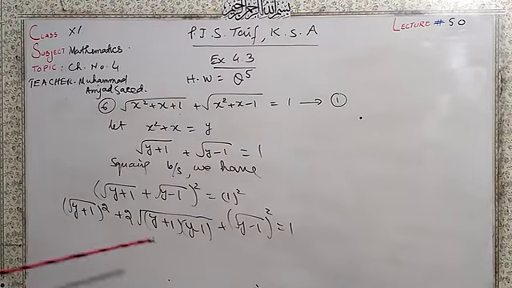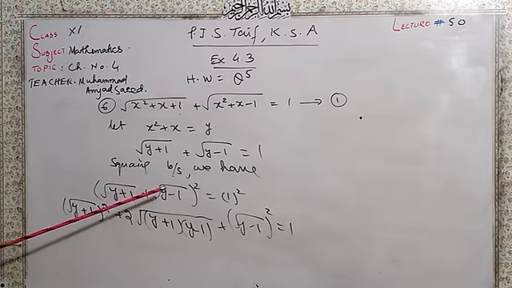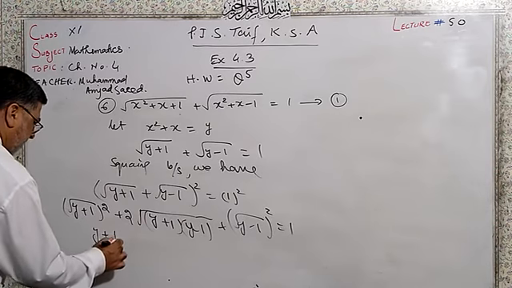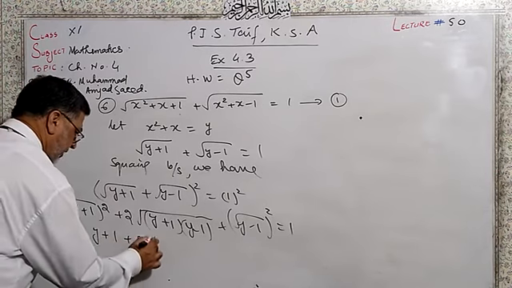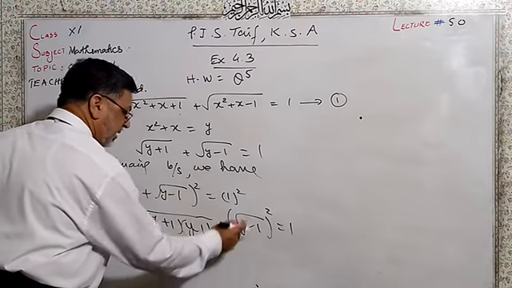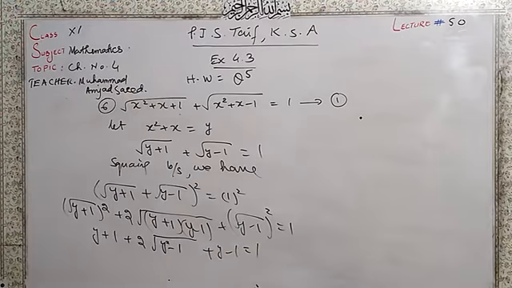Remember that in case of multiplication and division, you can combine the radical sign and even split up this radical sign also. So 2 and square root cancelled out. We are left with y plus 1 plus 2 into under root of y square minus 1 square, and again 2 and square root cancelled out, y minus 1 is equal to 1.